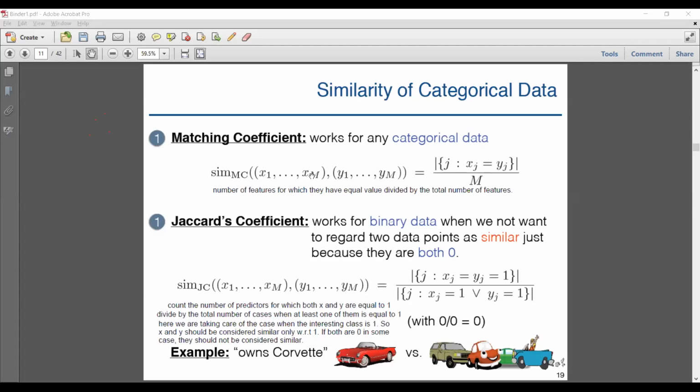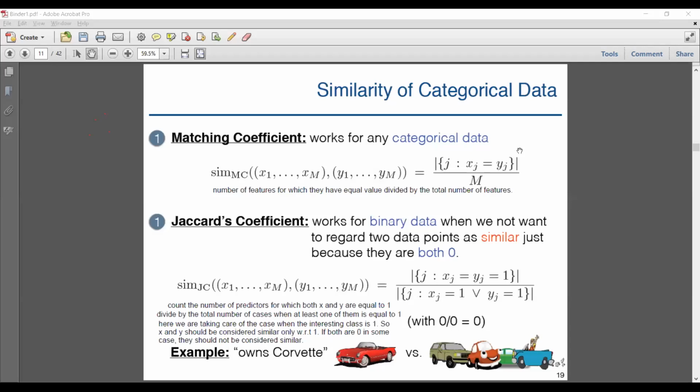Remember, it works when all of your variables are categorical variables or binary variables. What you're going to do is figure out कि कितने variables एक दूसरे से match करते हैं. How many of them are equal to each other, right?